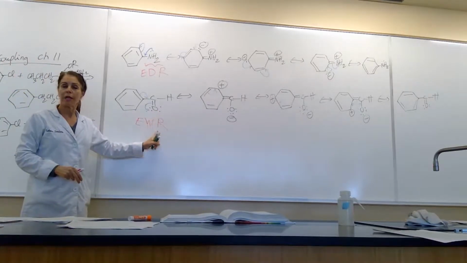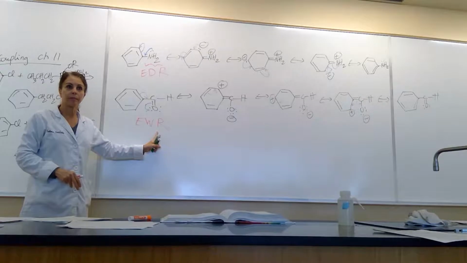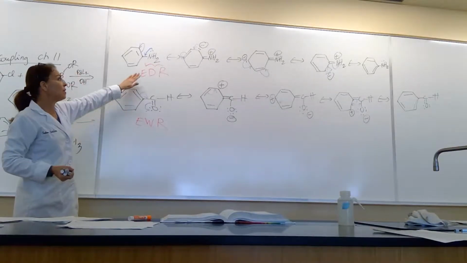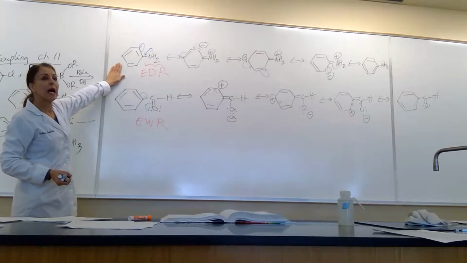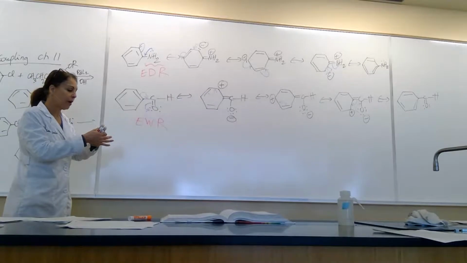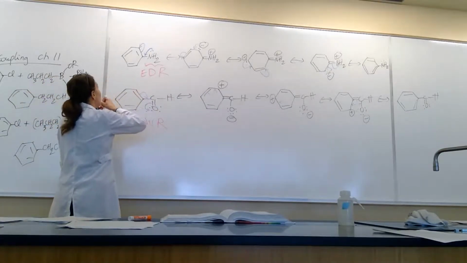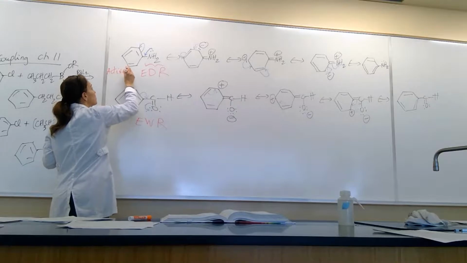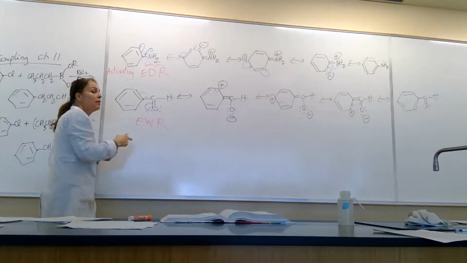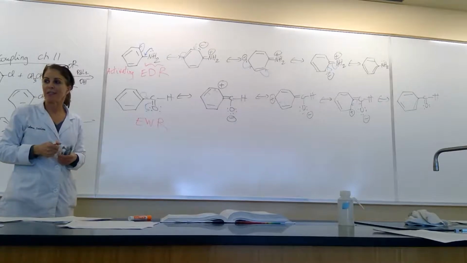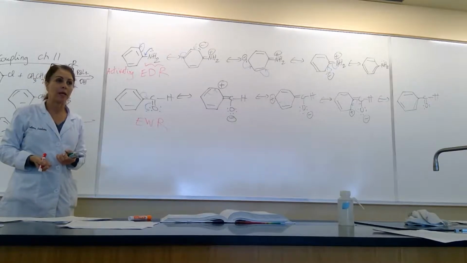COH is electron withdrawing by resonance. So for benzene, every time you have an electron donating substituent, it is what? Activating. So electron donating substituents are activating. But this is the opposite. We don't call it deactivating, but it's not activating. Okay, non-activating.